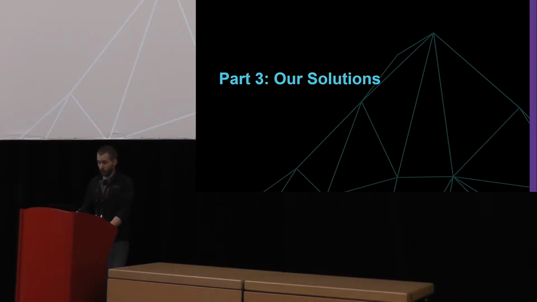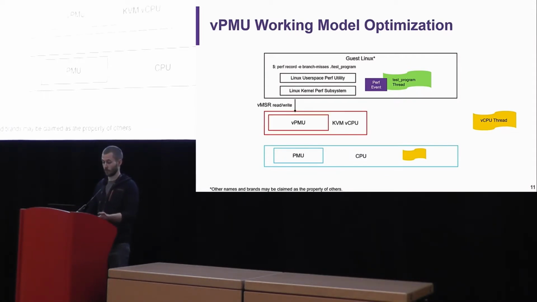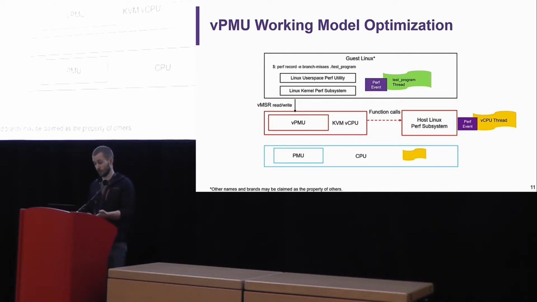So 2.5 milliseconds is an eternity, and it's why the results are very inaccurate. To improve the performance, we still have the same basic environment. We still trap on the MSR accesses to the PMU. We still have to do some function calls into the perf subsystem. We still create the perf event, but we're not going through the full perf stack, and we don't rely on the perf scheduling. Instead, we steal the MSR and allow KVM to program it directly.